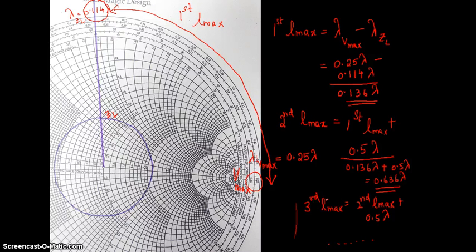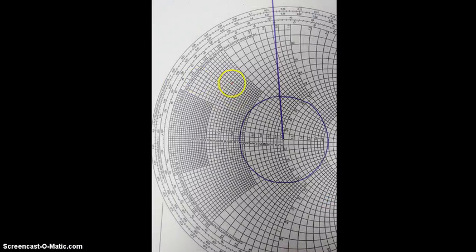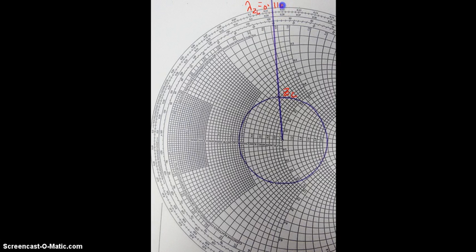Next we will learn how to calculate L minimum. So this was our ZL and this was your lambda of ZL, which is equal to 0.114 lambda. Now as you know, this point is going to be your Vmin. Vmin is equal to 0 lambda.